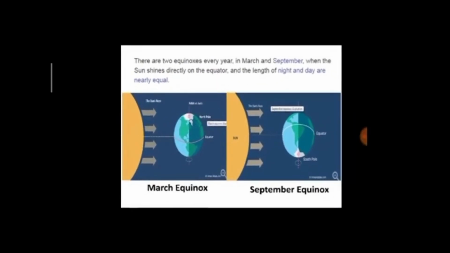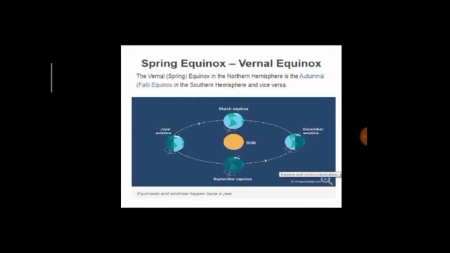Okay, let's move further. Now we will study spring equinox or vernal equinox first. The vernal or the spring equinox in the northern hemisphere is the autumnal fall equinox in the southern hemisphere, and vice versa.